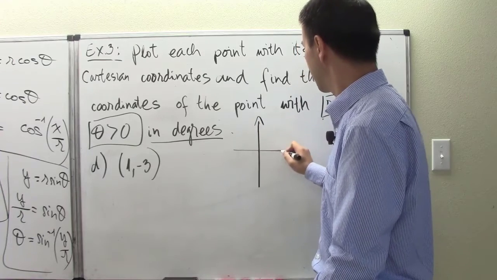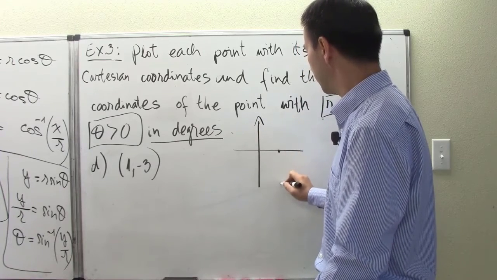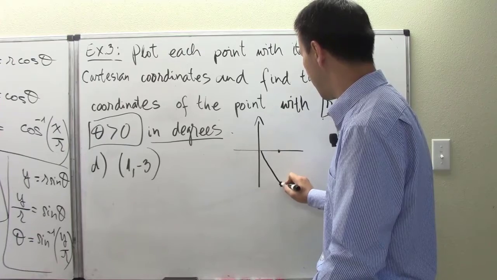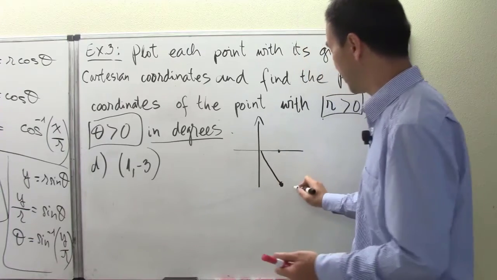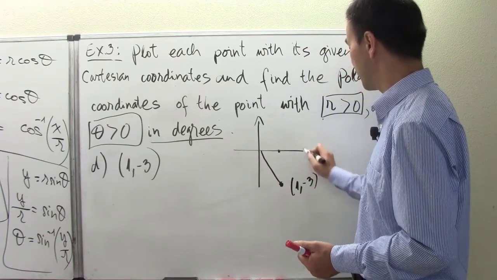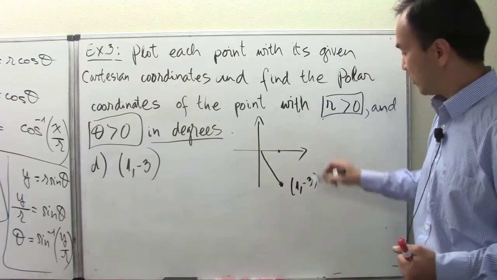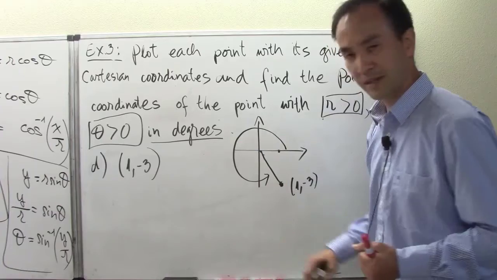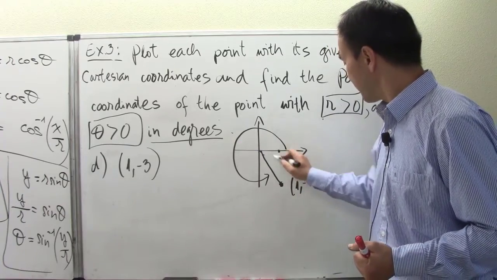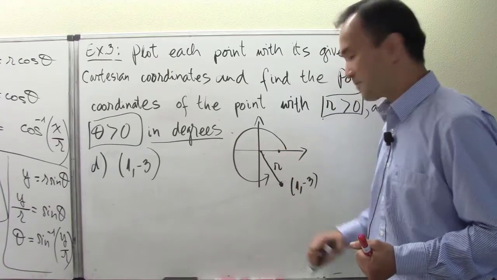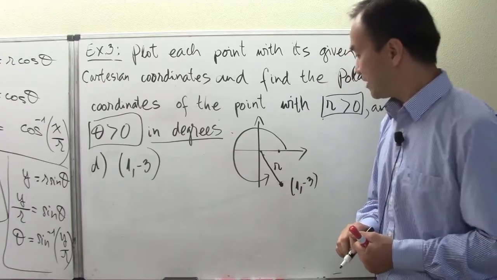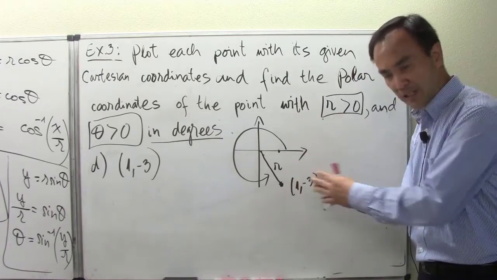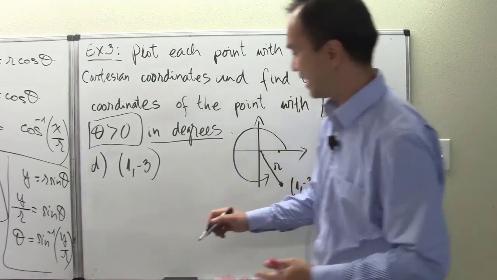As far as plotting the point, 1 is here, -3 is down here, so we have a point about right down there. Now allow me to be off scale again. (1, -3), that's the point. So our angle is going to be this angle in the positive direction, and then the radius is here. Once we've had the plot done, let's calculate the radius.